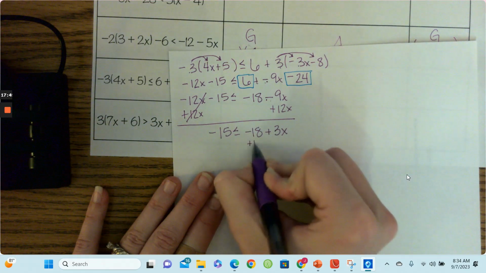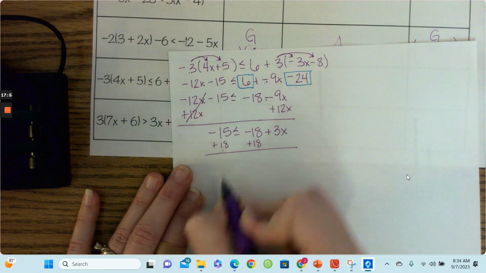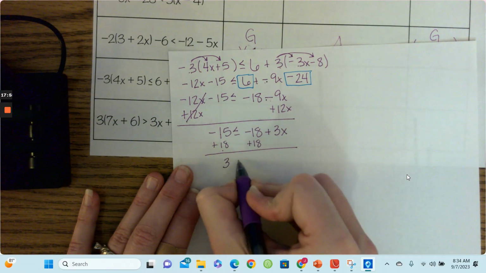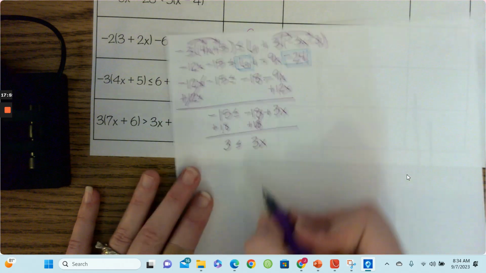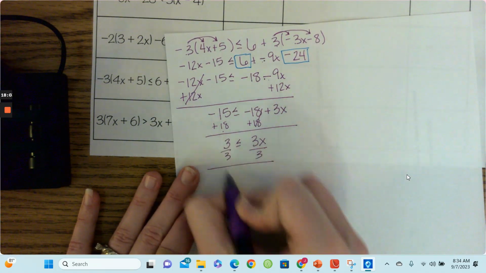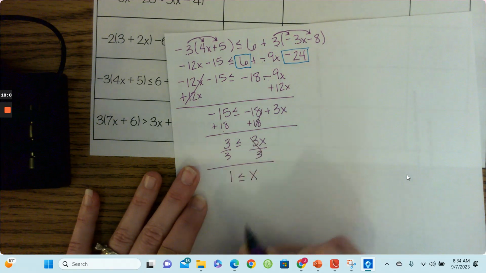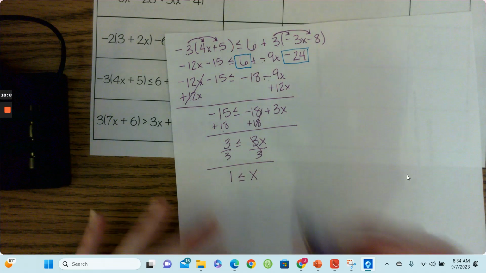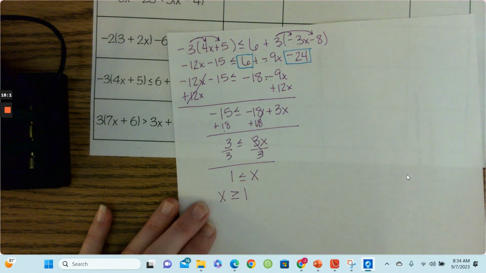Okay. Get our numbers together. I'm going to add 18 to both sides. Negative 15 plus 18 is a positive 3. Now I've got a 3x, so we divide both sides by 3. 3 divided by 3 is 1. But again, I've got to flip the whole thing now. X is greater than or equal to 1.